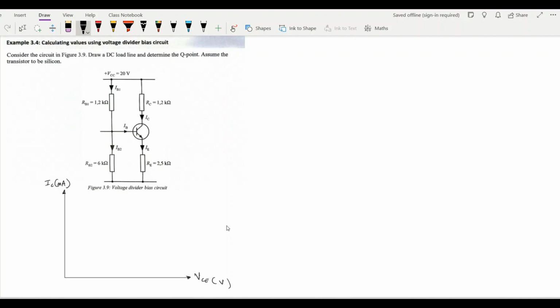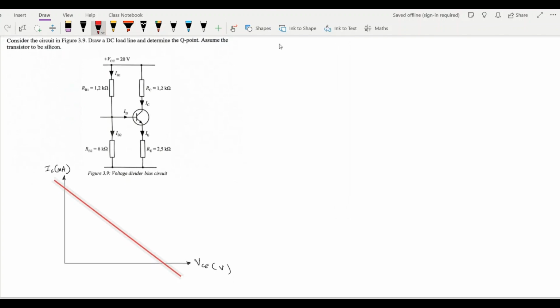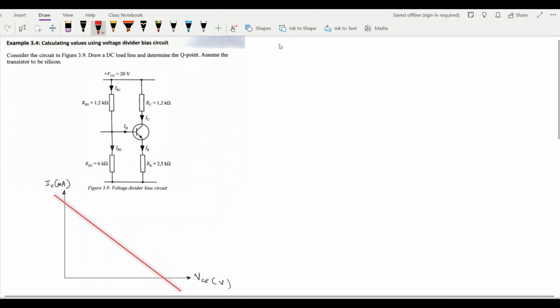Here we need to identify basically two things. We need to draw our DC load line like that, and after drawing it, we need to identify our Q point. Let me assume our Q point is here.